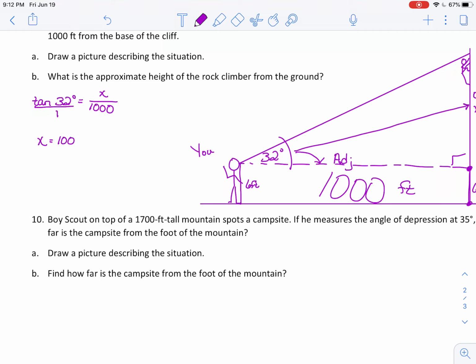Okay, so I'm going to cross multiply because I'm finding a side, and this is not one where I'll have to divide because as soon as I cross multiplied, I got X on its own. So all I need to do is put that in my calculator.